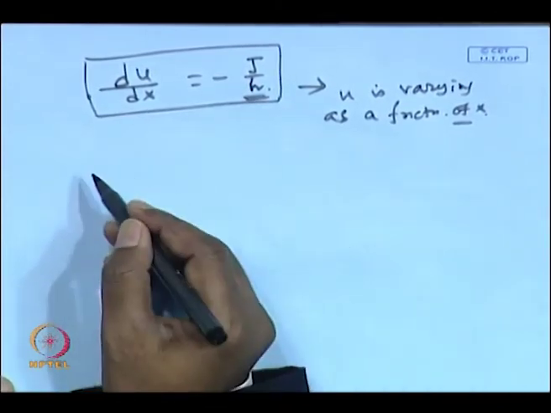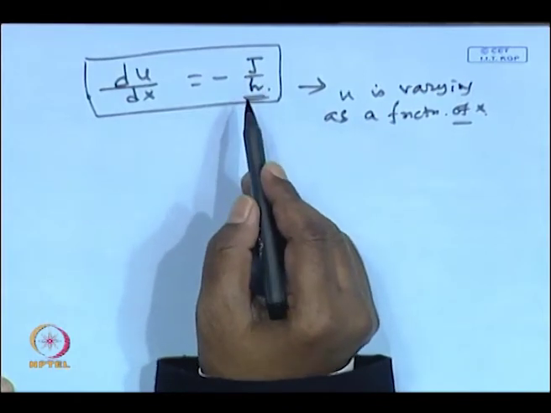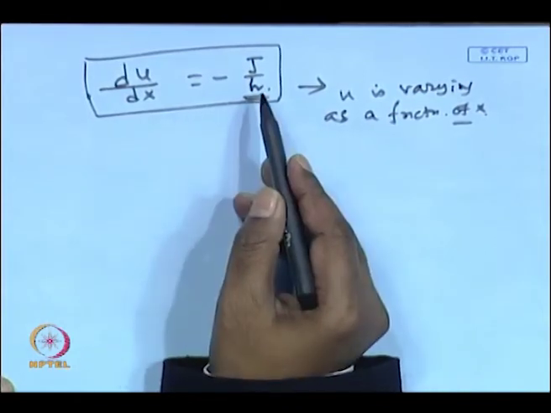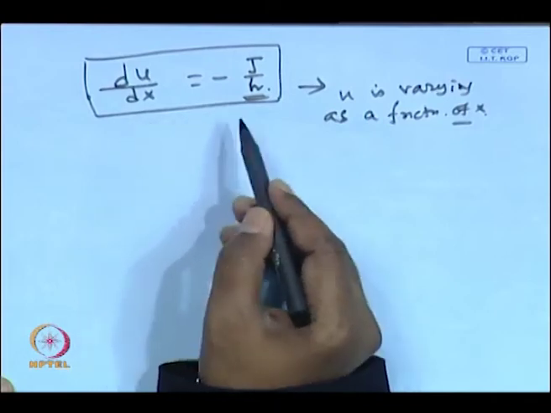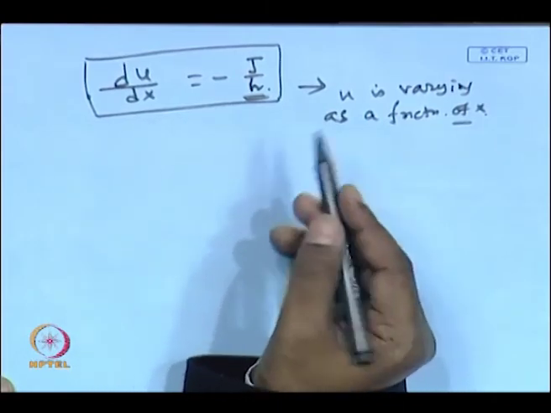You know the expression of J as a function of X, we just derived it, so substitute it there and integrate over X and get the value of U at any X location or at the end of the channel if you want.